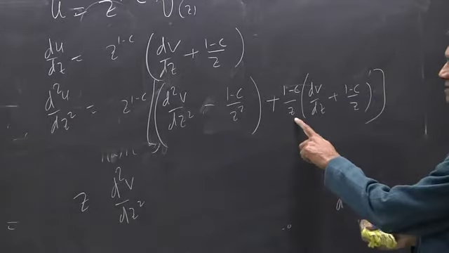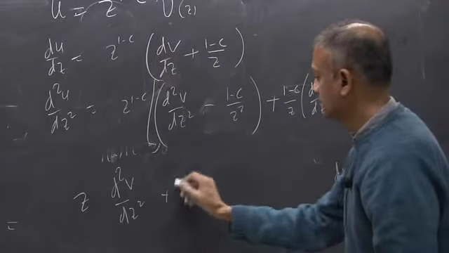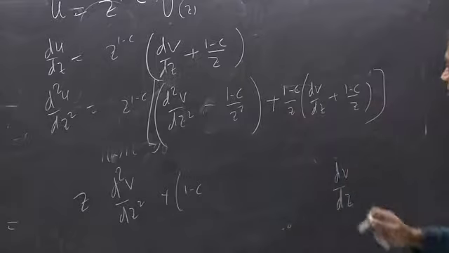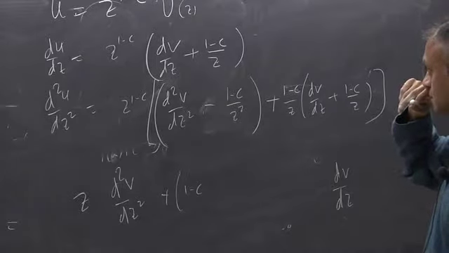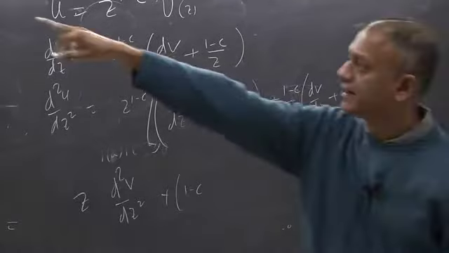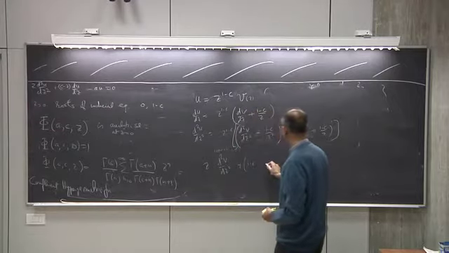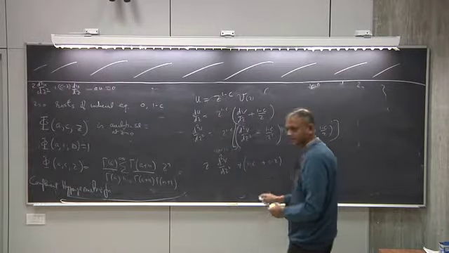So there is this thing multiplying z. So that gives you 1 minus c from here. And then from there you get plus c minus z, times this, plus c minus z.